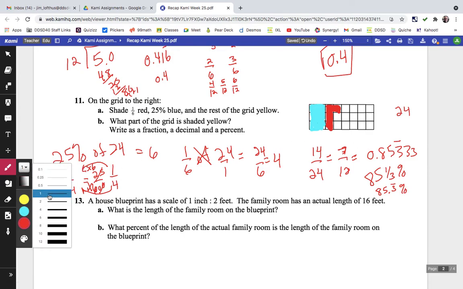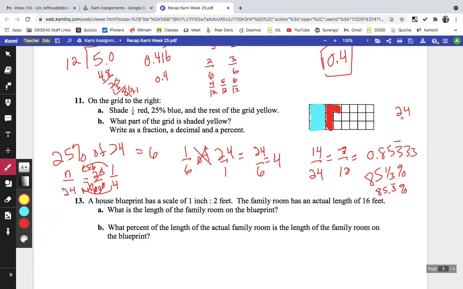And let's see if that makes sense. Does it seem like about 85% of it? I'm going to double check this because I think I got my numbers wrong, because that seems too big. So let me grab my calculator. I thought I had it memorized, but I think I made an error because when I do yellow here, it definitely does not seem like 85%.